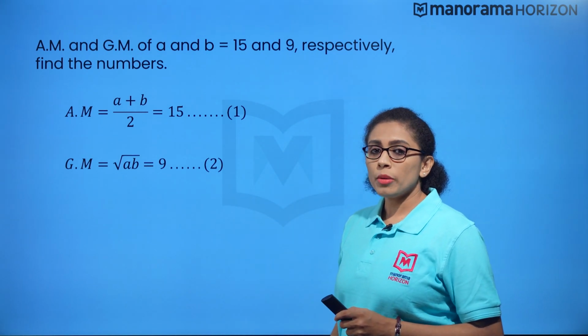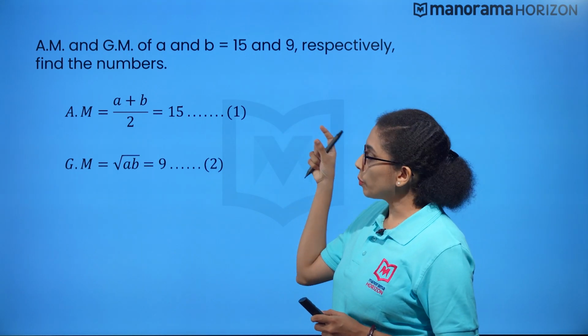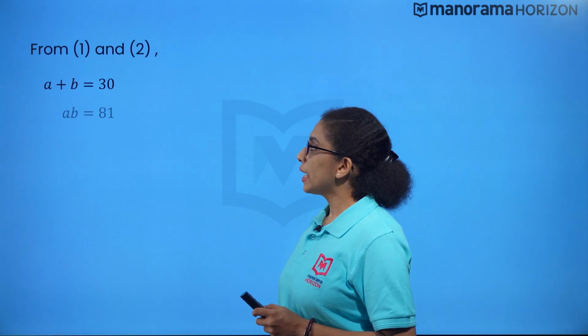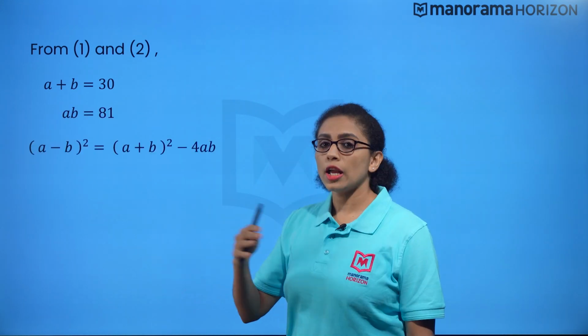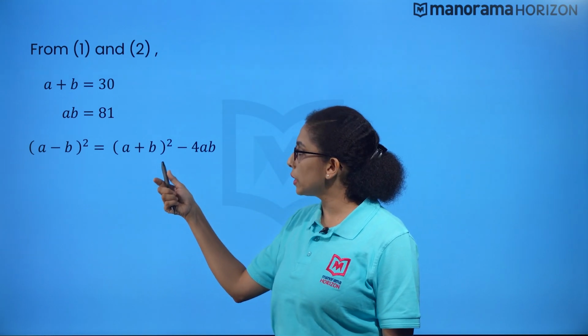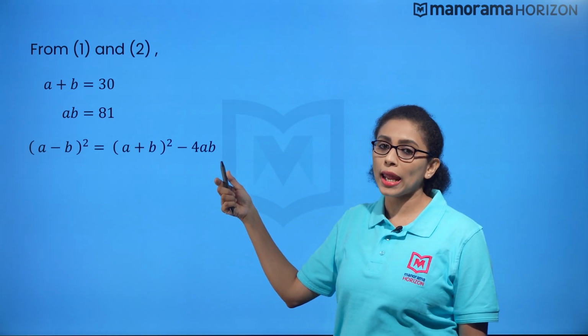Now from equation number 1 and equation number 2, we get a plus b is equal to 30 and ab is equal to 81. And we know (a minus b) the whole square is equal to (a plus b) the whole square minus 4ab.